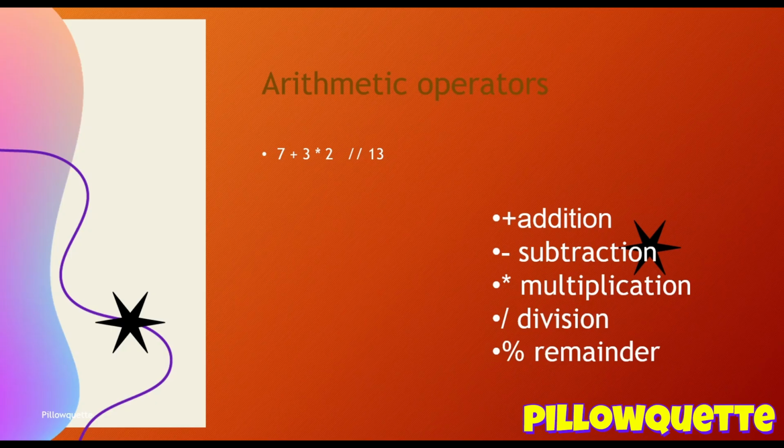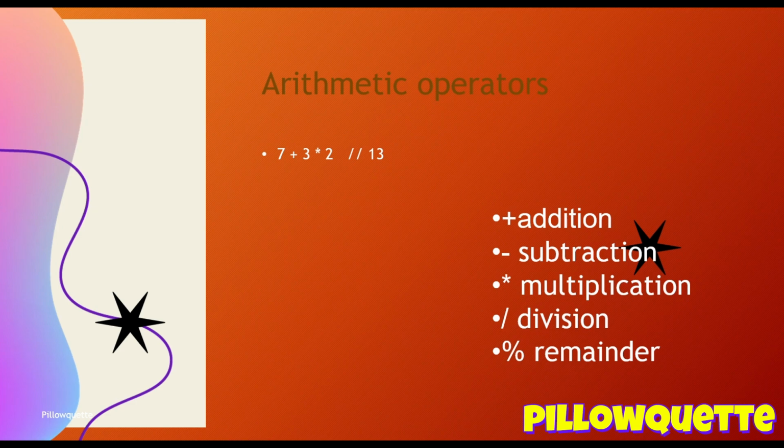For example, in this example, we have 7 plus 3 times 2. Now, in the rule of BODMAS, we know that B stands for bracket, O stands for of, D for division, M for multiplication, A for addition, and S for subtraction. So, what comes before what? Obviously, there's no bracket, there is no of here, there's no division, but there is a multiplication.